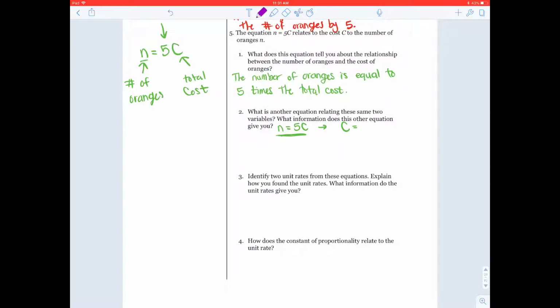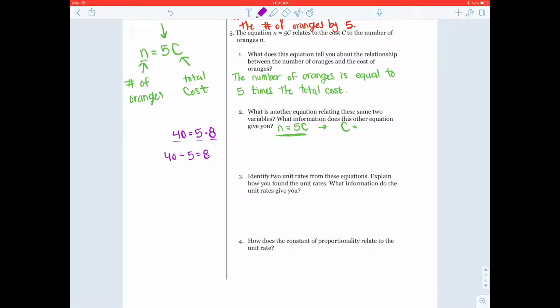So let's plug in some numbers. What if I said 40 is equal to 5 times 8? We definitely know that 5 times 8 is equal to 40. How can I use these three numbers? How can I rewrite this to solve for 8? Well, if you do 40 divided by 5, you definitely get 8.